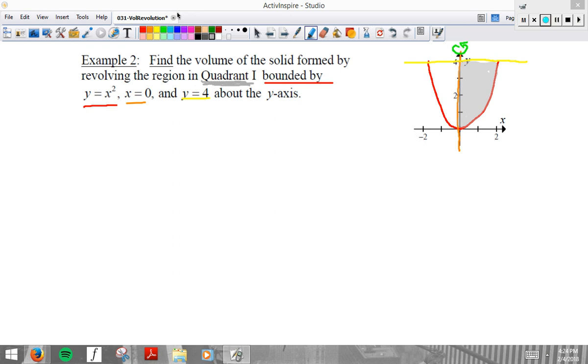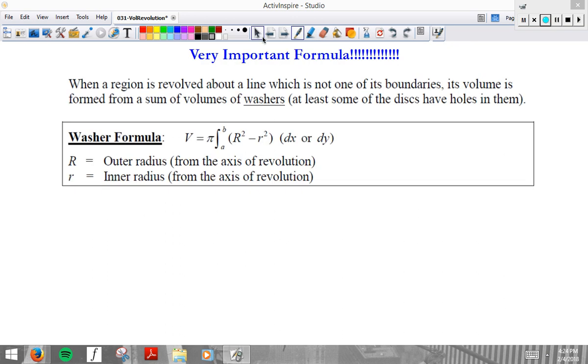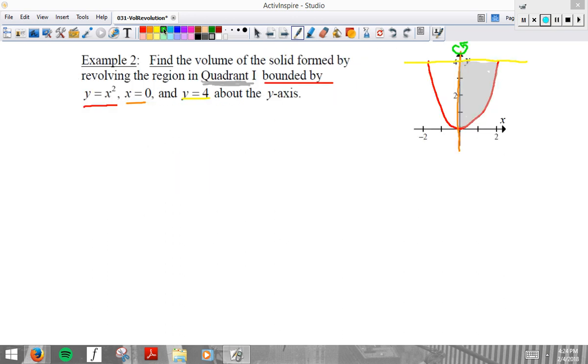So, if we're going to be revolving around the y-axis, I keep doing that, I'm so sorry. Revolving around the y-axis, that means I want to be perpendicular to the y-axis. Right? If I'm going to revolve around here, I need somebody sticking out like that.